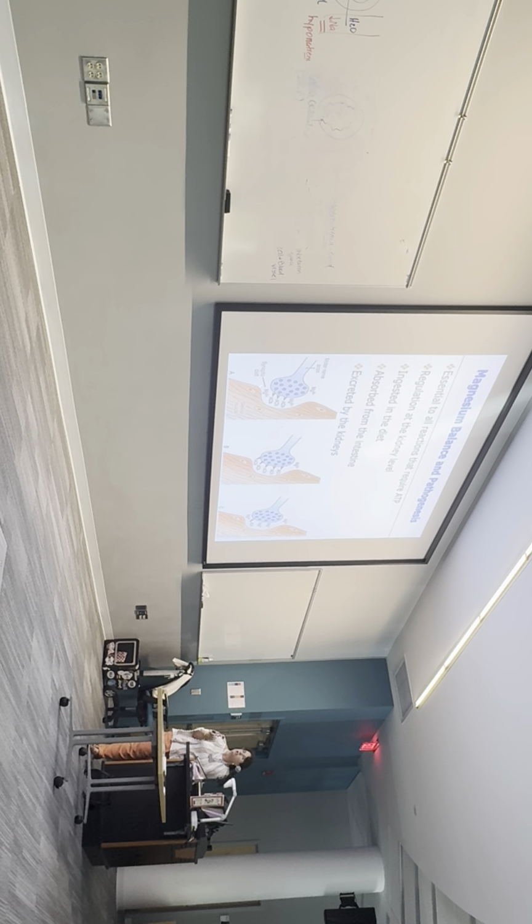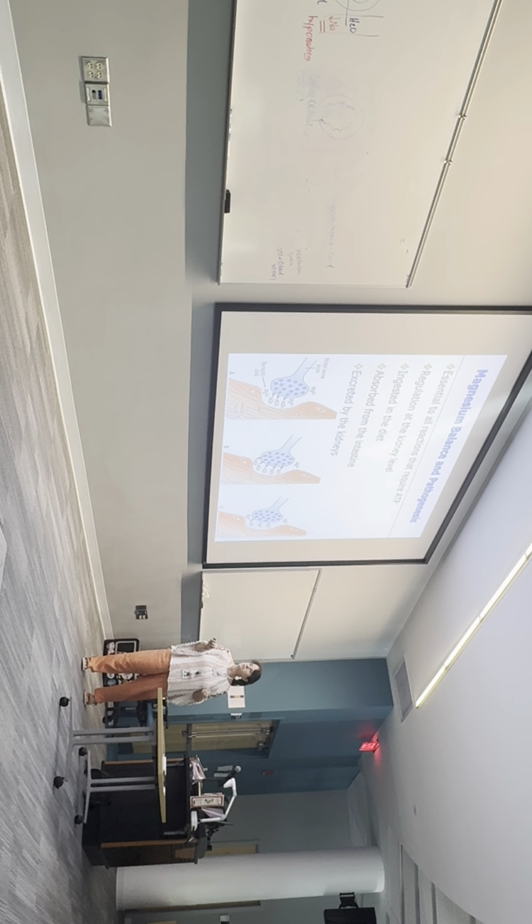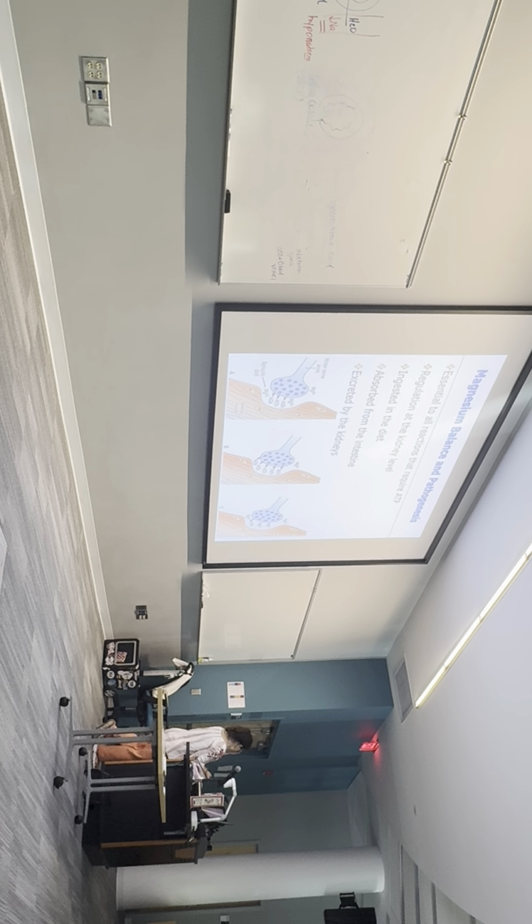Now, the pathogenesis. Magnesium competes with acetylcholine in our neuromuscular junction. So this is the neuron and this is the muscle. So if we've got low magnesium, we've got hypomagnesemia, we have too much acetylcholine.